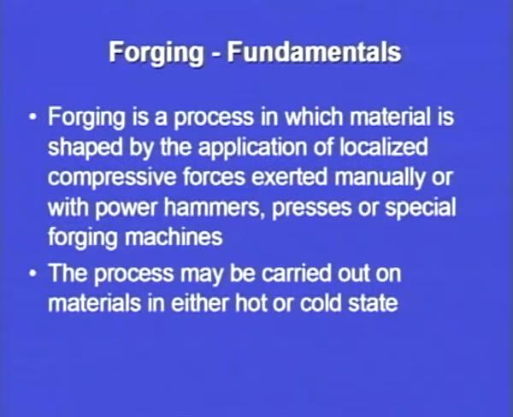The process may be carried out on materials either in the cold stage or in the hot stage. In the first lecture we have seen that there are certain advantages and disadvantages in context of hot forming or cold forming, or we can say hot working or cold working. If we are going for hot working, there are certain advantages and limitations. If we are going for cold working, there are certain advantages and limitations.